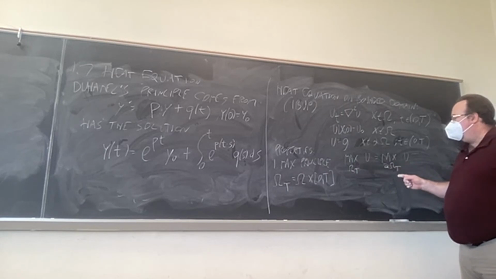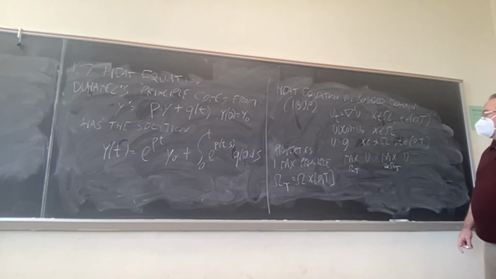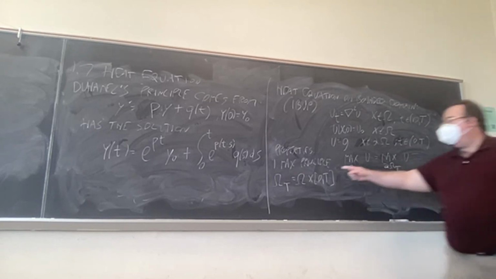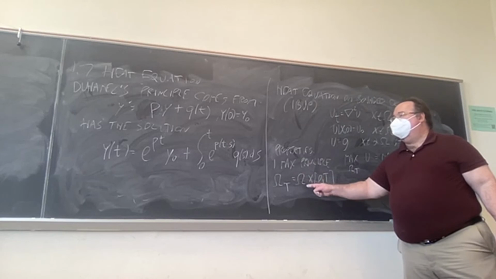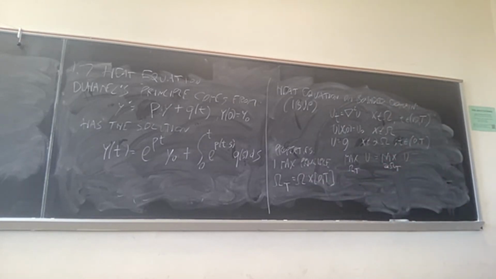That could include either somewhere in omega at t equals 0, or it could be on the boundary of omega but at some time in the interior. So the maximum has to be assumed somewhere on a boundary in space or a boundary in time. Same maximum principle as in Laplace's equation.